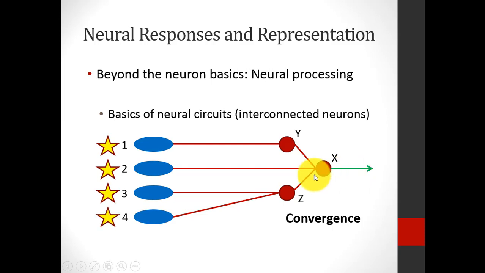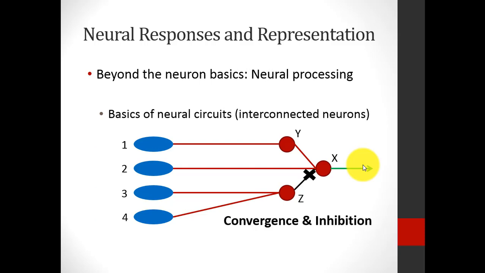And then if we continue to add, you can see how they all converge onto neuron X, which will all provide some input to the signal that's leaving neuron X.